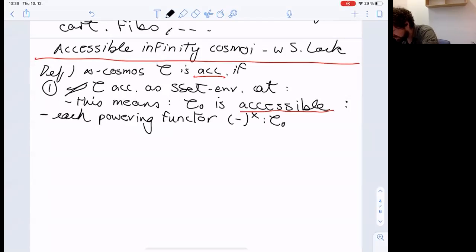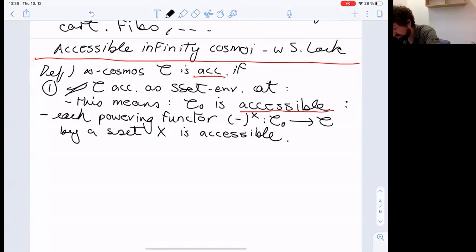So to be an enriched accessible category in this sense is just to say that the underlying category is accessible, and moreover that each powering functor is accessible. Remember that in infinity cosmos we have powers.